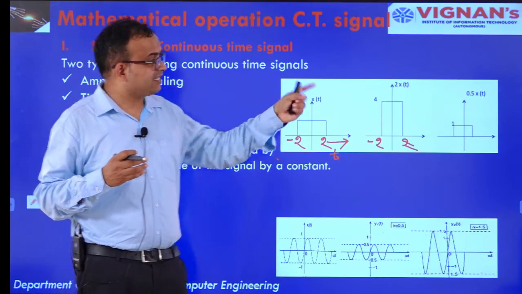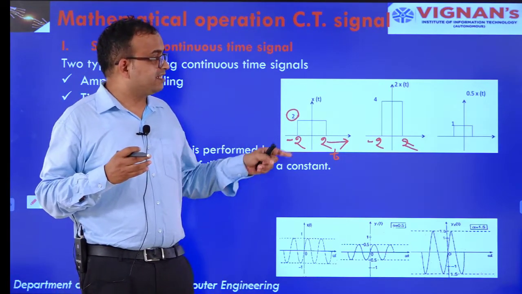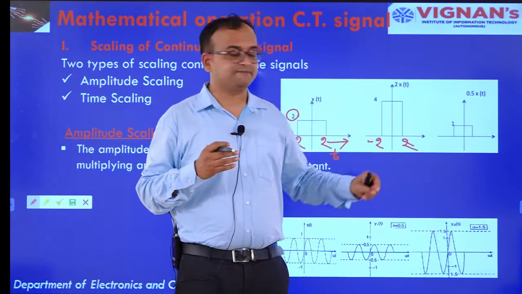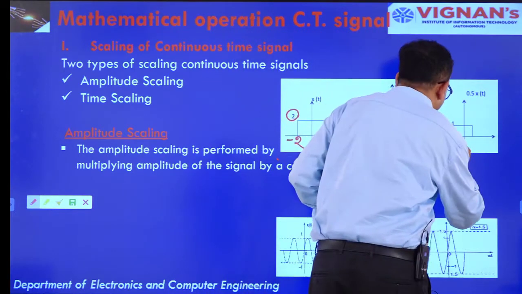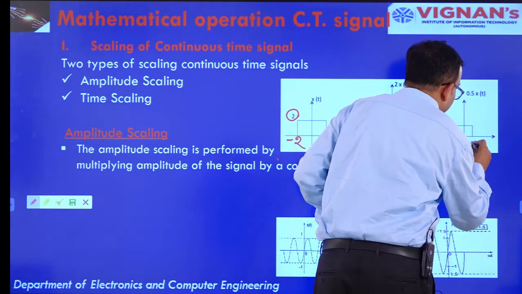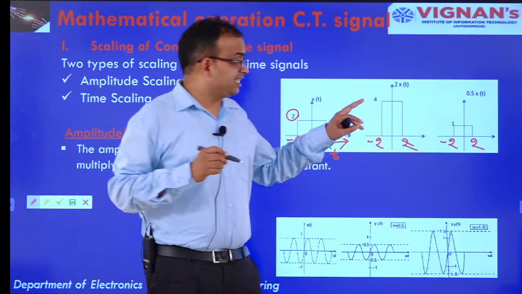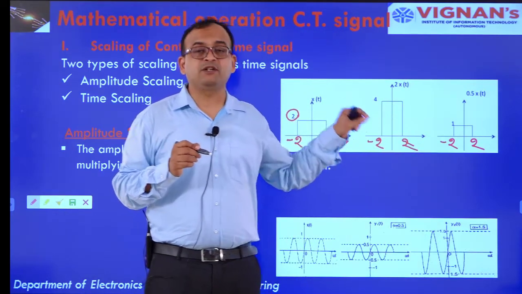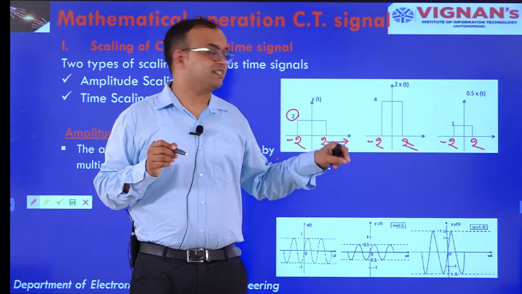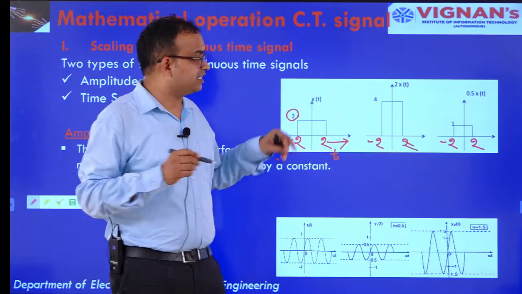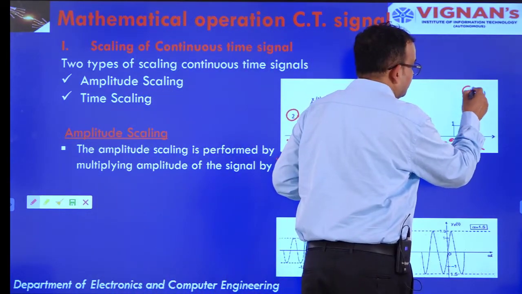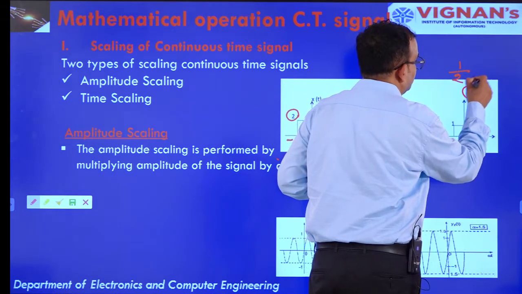Similarly, in the second case we have taken 0.5 x of t, or you can write 1 by 2 x of t. The time domain is the same, minus 2 to 2. In this case the time will not change, only the amplitude will change.